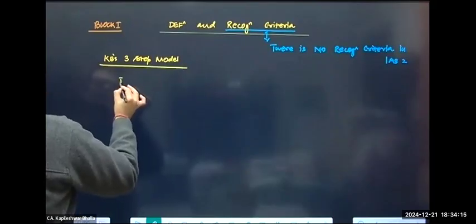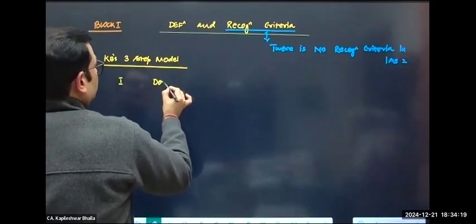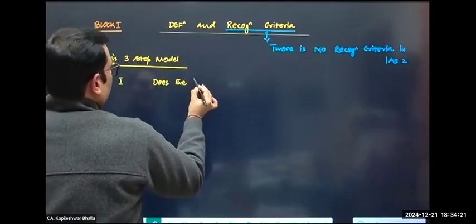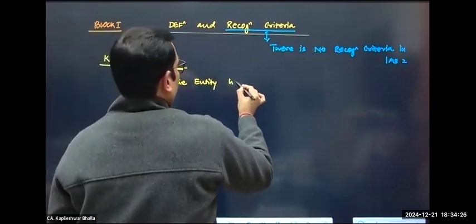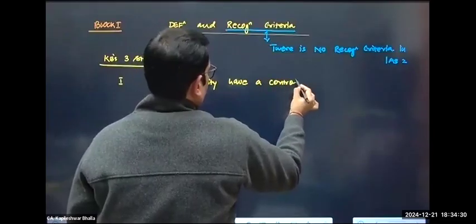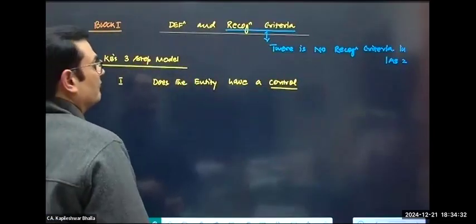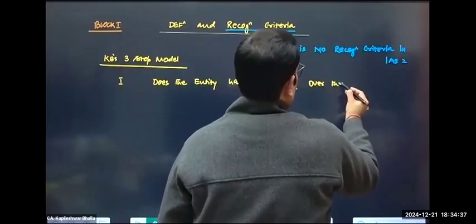In step number 1, the focus is: does the entity have control? Underline the word control. Does the entity have control over the item?